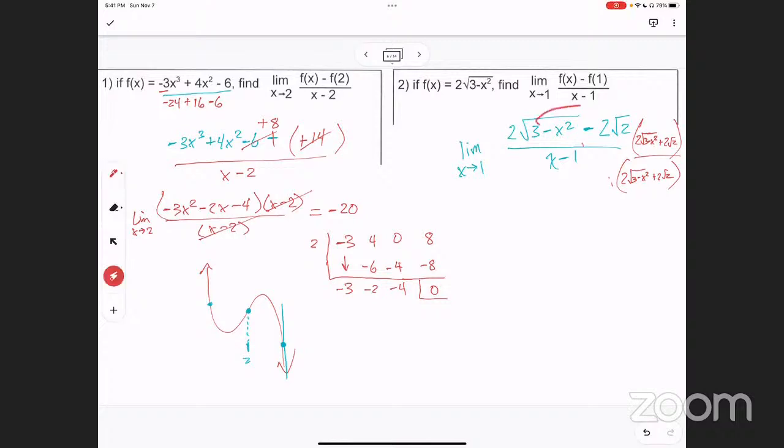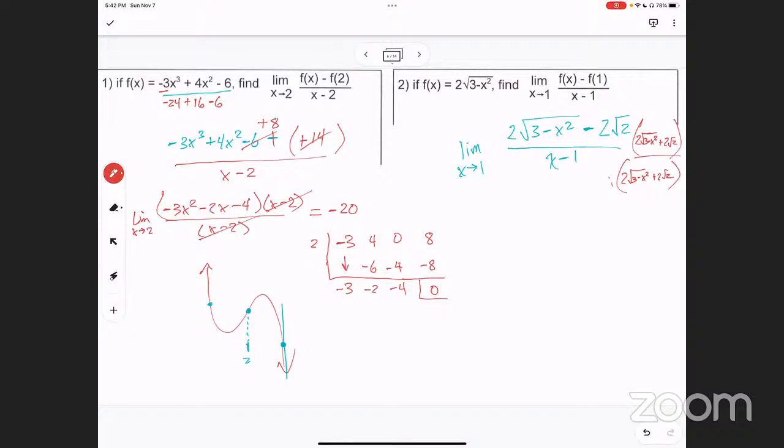When I multiply this to here, these multiply as well as this. So I'm pretty sure that's right. Did I do this wrong? Is the square root of 8 not correct? Did we plug that in wrong? When I plug in 1, 3 minus 1 squared is 2. 2 root 2. Yeah. Seems correct to me.